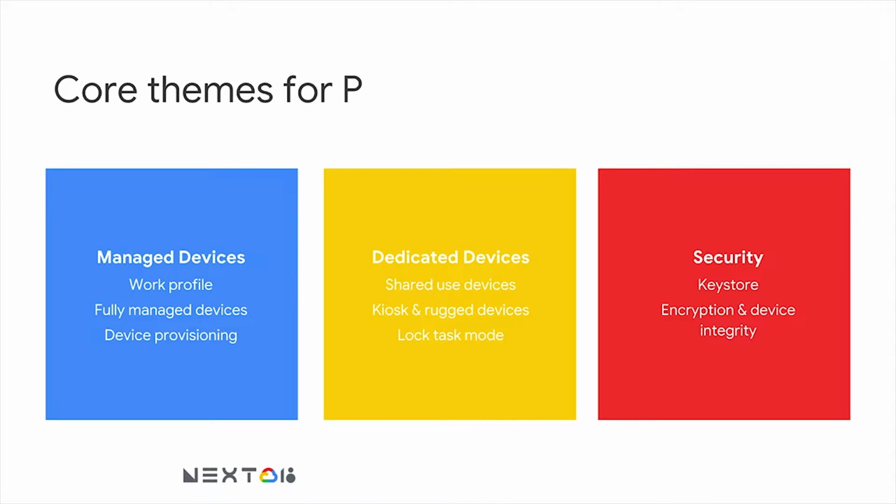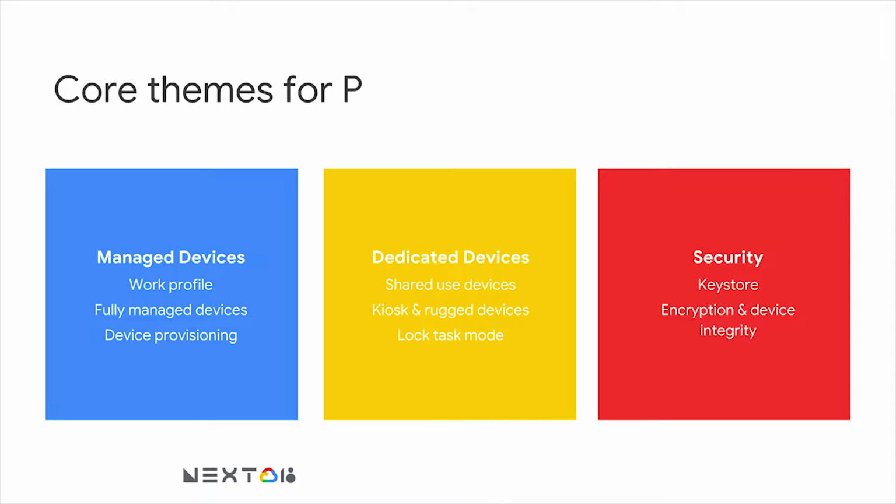So I'm here to talk to you about all the features that my team has done in the Android P release, which shipped to developer preview a few months ago, specifically the features relating to the enterprise and work. Our team had three key themes for the P release. The first one was related to managed devices.